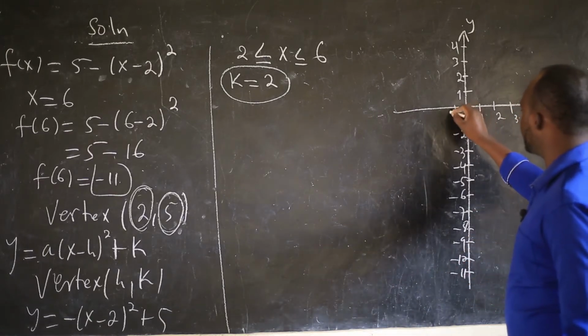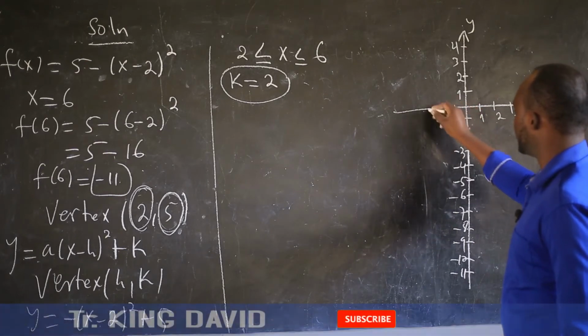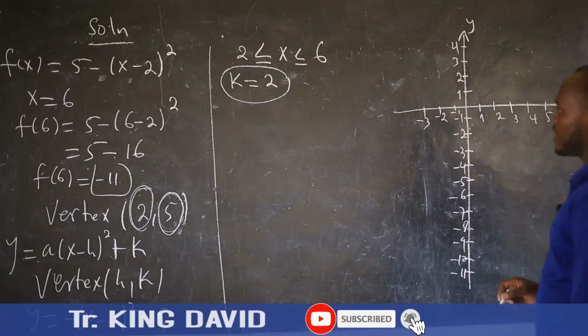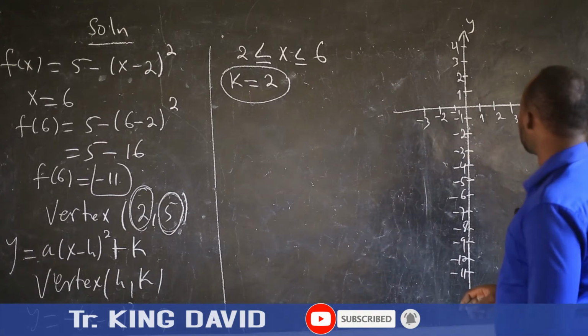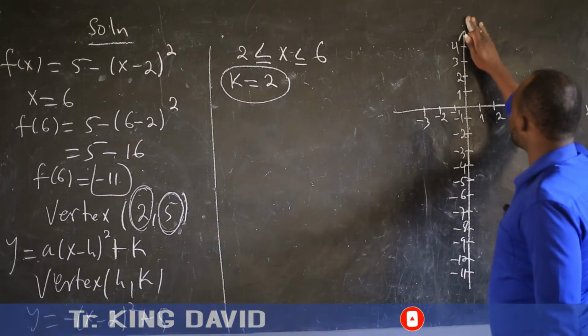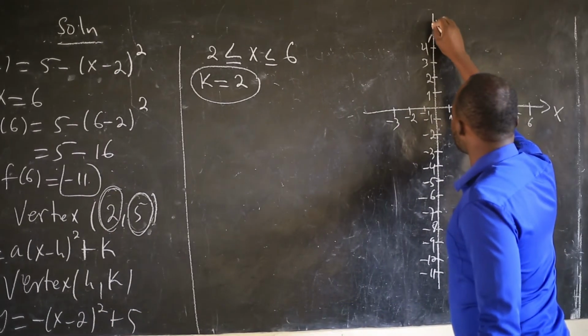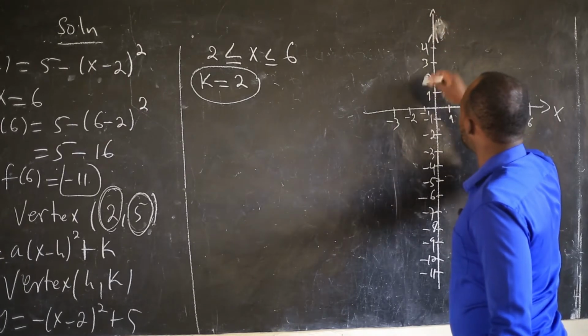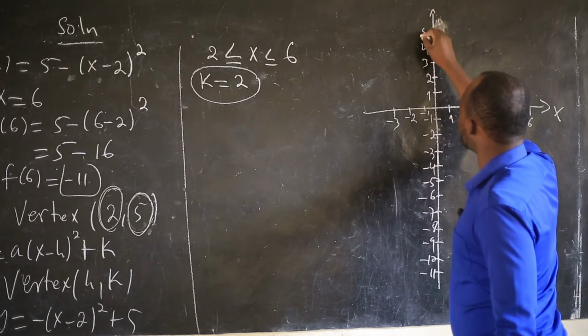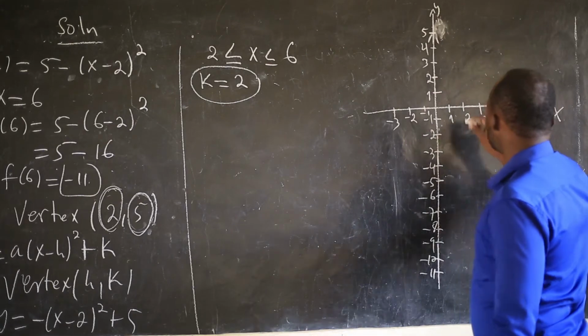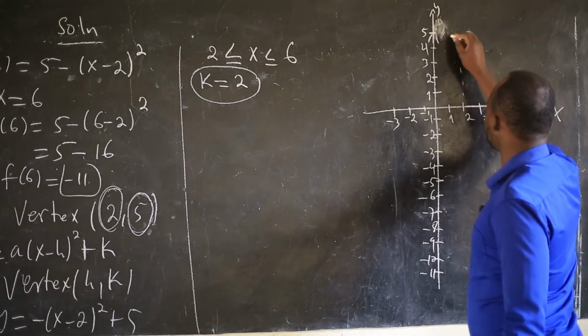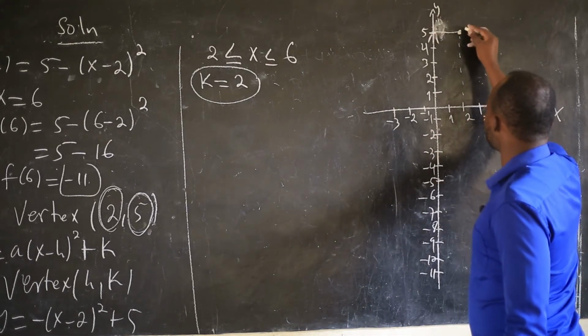Okay, let us see our vertex (2, 5). So this is 5 on the y-axis. (2, 5). So this is our maximum value.